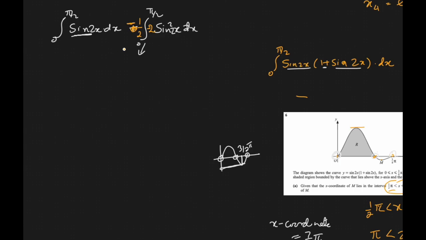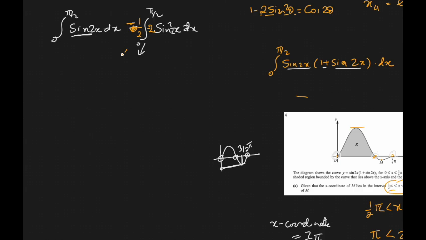And why did I do that? Because I wanted this format: 1 minus 2 sine square theta, this is an identity, equal to cos 2 theta. I have minus 2 sine square 2x here, but I don't have 1. So obviously I will put 1 here, and I'll have to subtract that also.